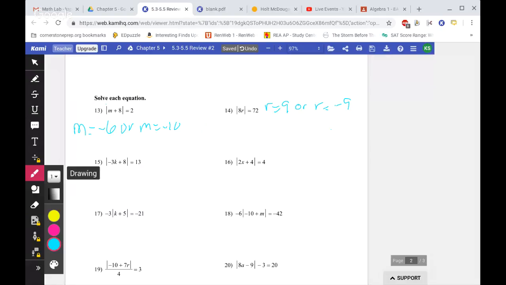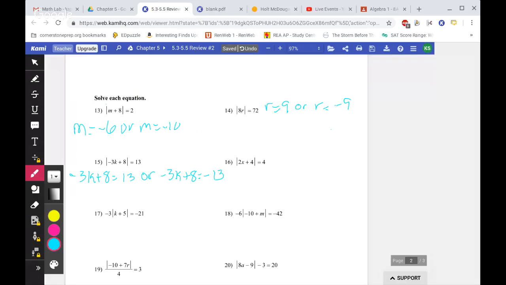All right, number 15. Take everything out of those absolute value bars. And then we'll have two answers, either positive 13 or negative 13. So we've got negative 3k plus 8 equals 13, or negative 3k plus 8 equals negative 13.